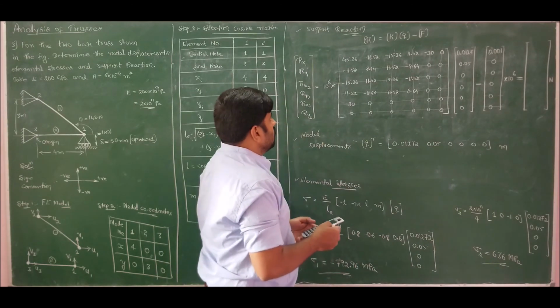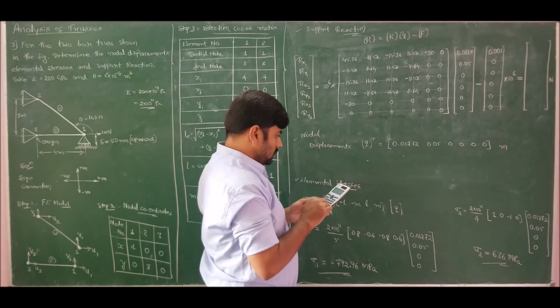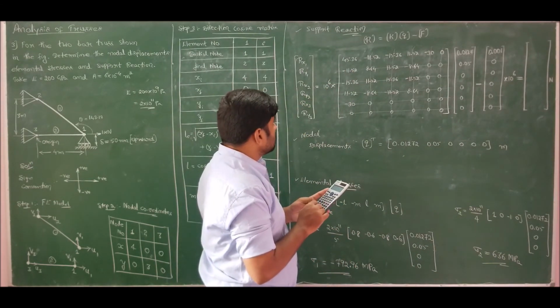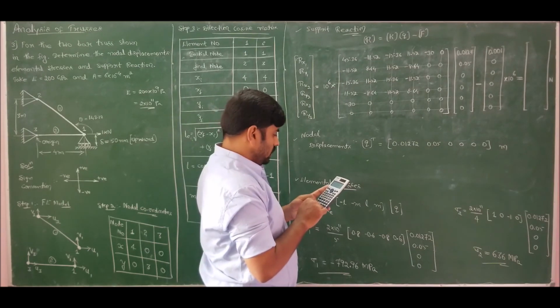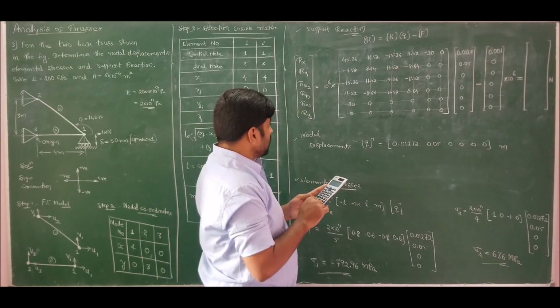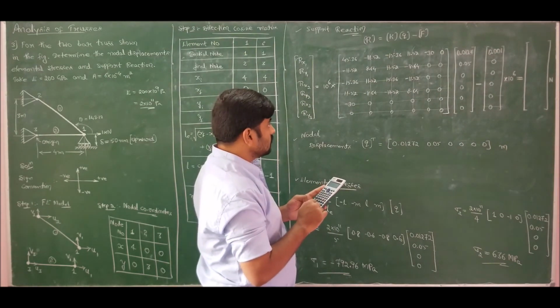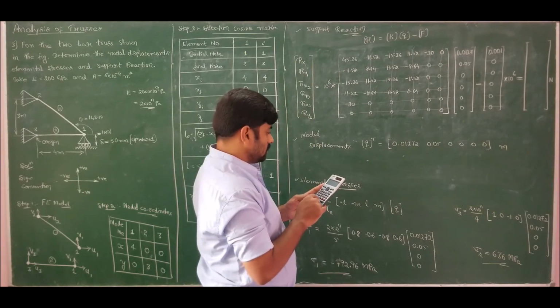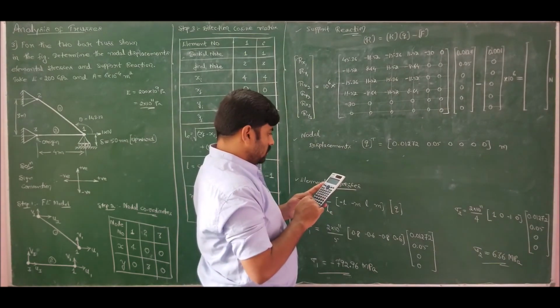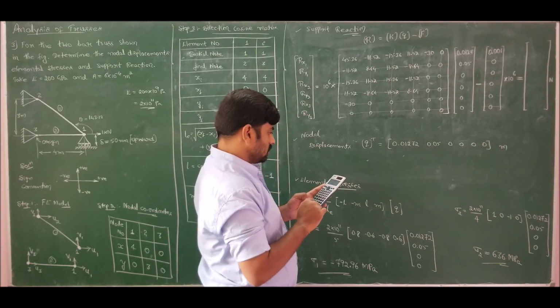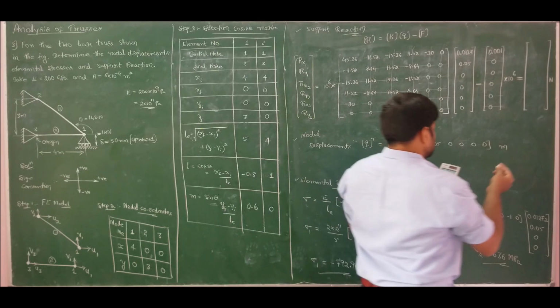So only the first two will get multiplied, that is 45.36 into 0.0127 plus minus 11.52 into 0.05. The whole answer is multiplied by 10 to the power of 6, minus 1 kilonewton, that is 1000, which is equal to minus 928.